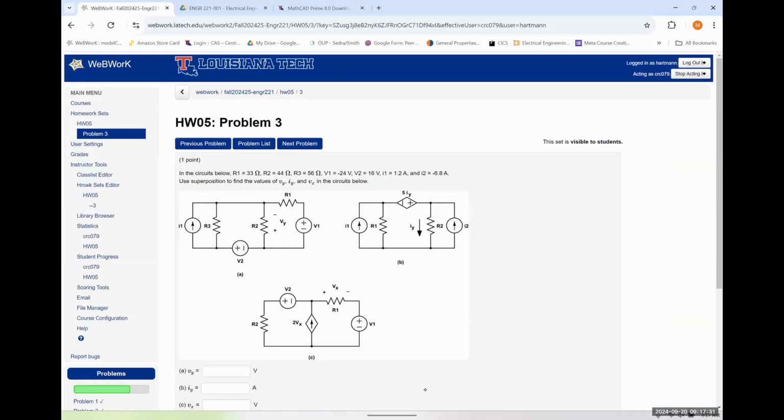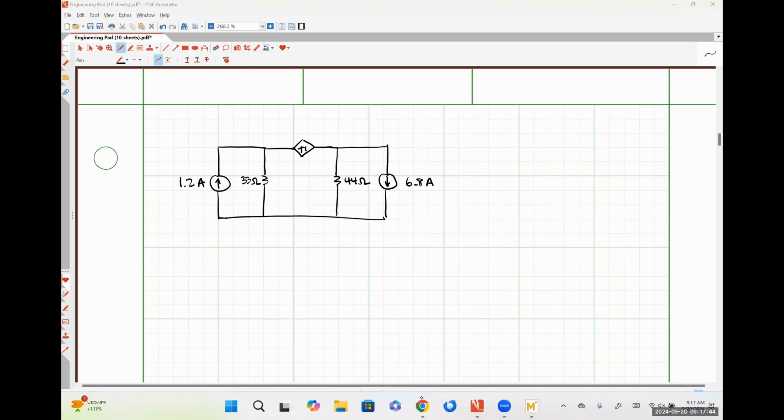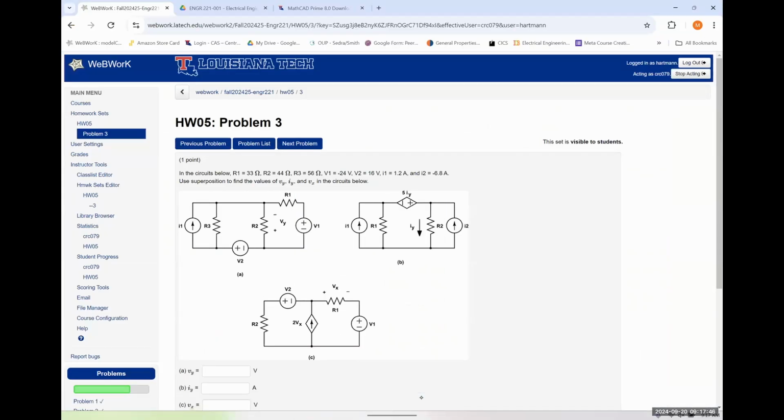Then we had R1 is 33, R2 is 44. And then lastly, this is a 5 IY current-controlled voltage source where IY is the current flowing down through R2.